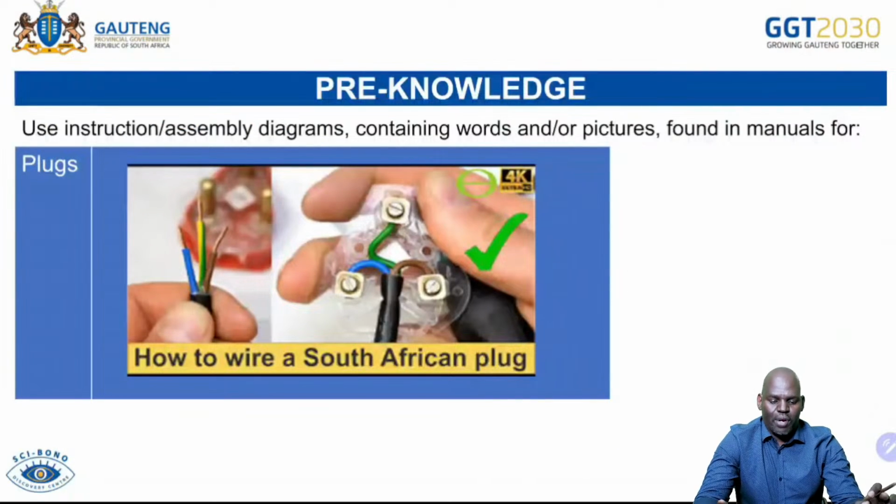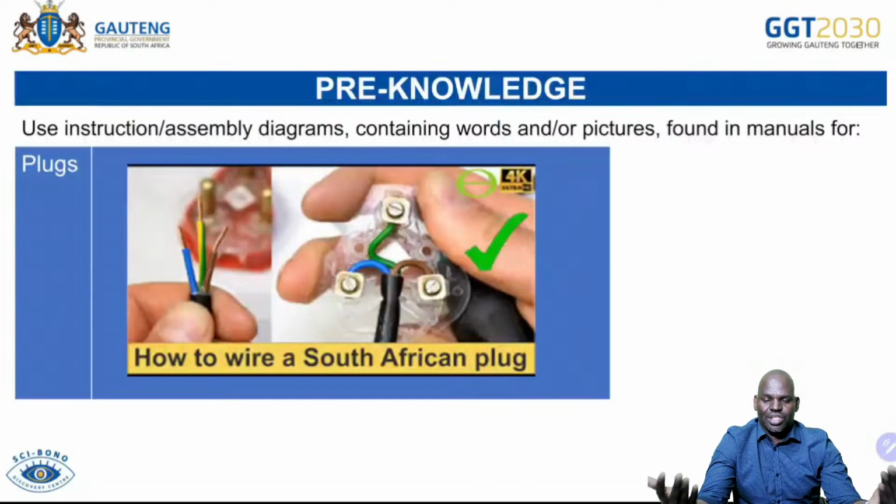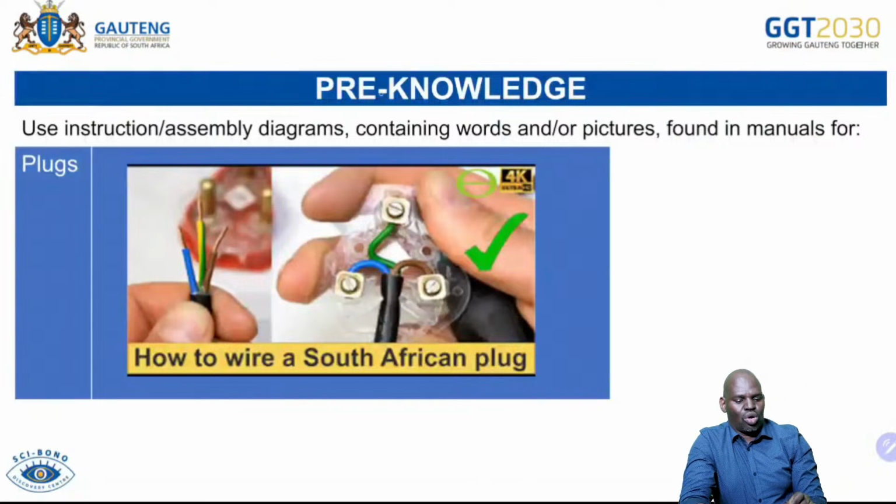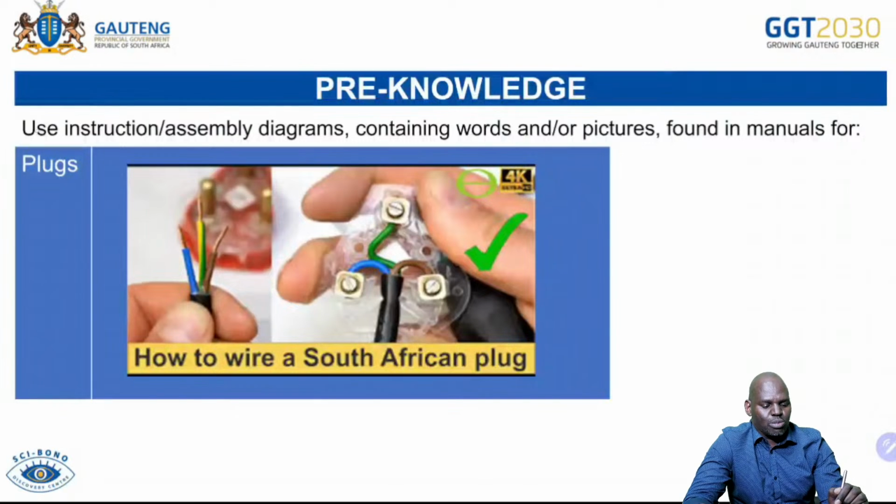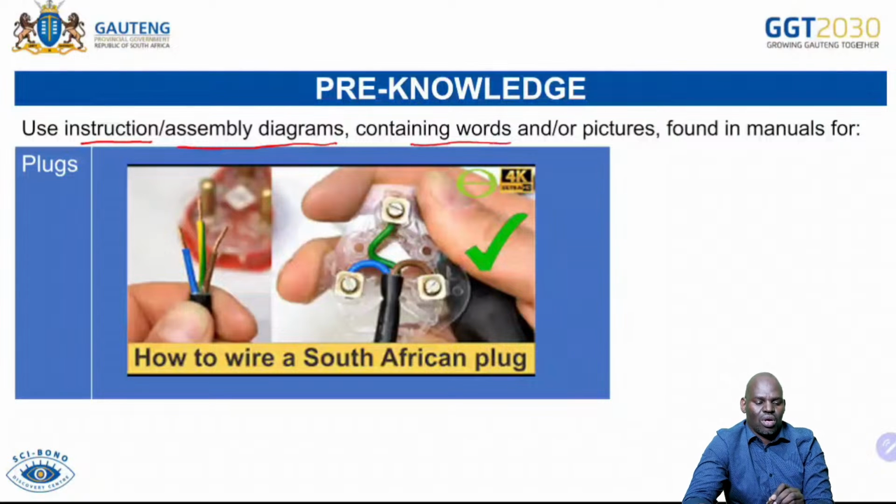Now the pre-knowledge. This is what you learned in grade 10 and also in grade 11. So in grade 12, we are just refreshing your memory. You just want to check if you still remember this, or maybe you know this under general knowledge. The pre-knowledge is you must be able to use instructions or assembly diagrams containing words.